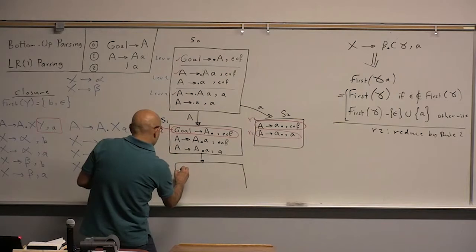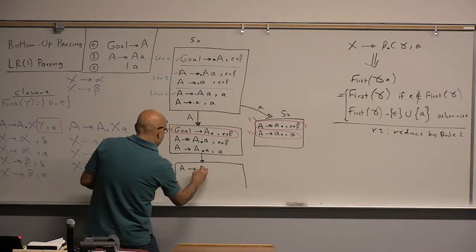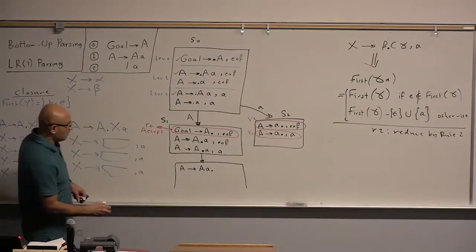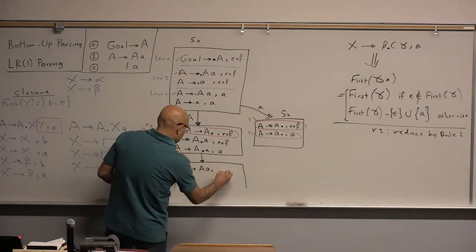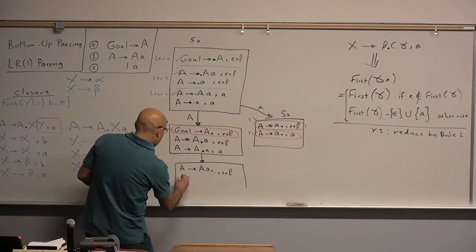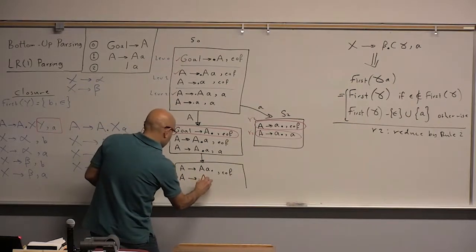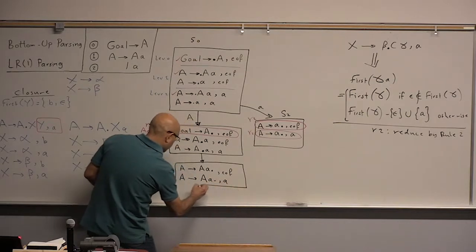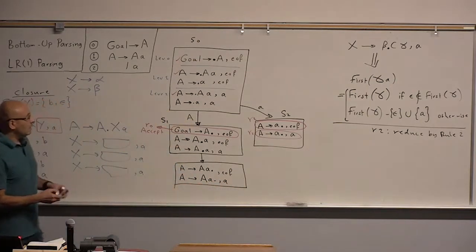And this A becomes A small a, placeholder, end of file. And what else? A small a, placeholder A.